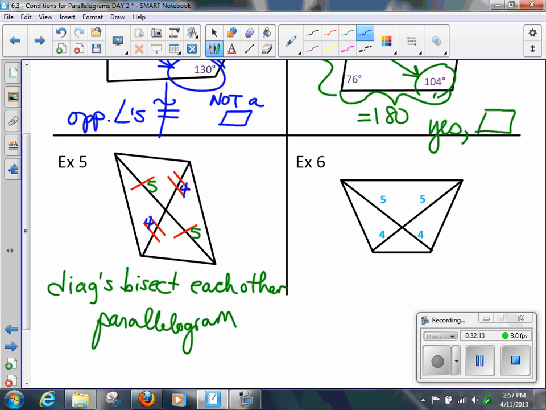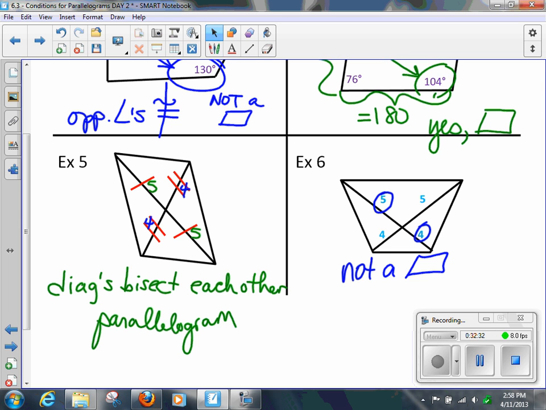So is example 6 a parallelogram? No. These diagonals do not bisect each other. This is not a parallelogram. They're different numbers. Guys, I'm going to find out whether you understand or not. Questions at all?